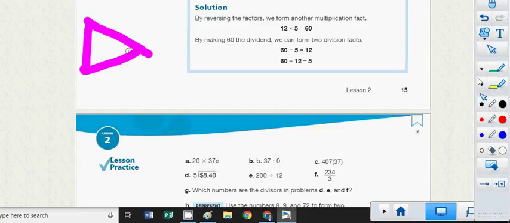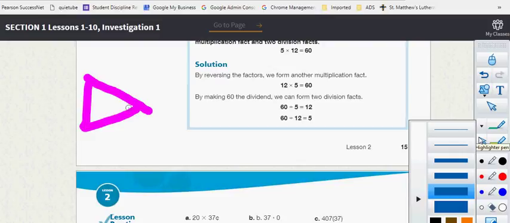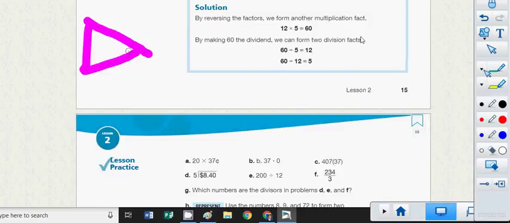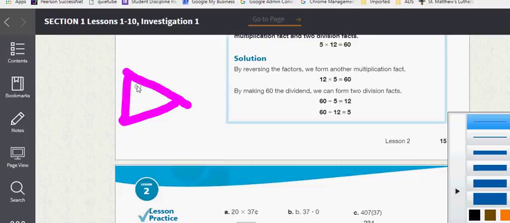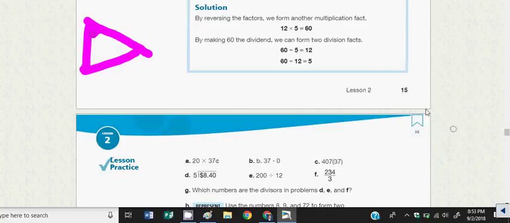Your fact family. Well, 5, 12, and 60 is a fact family.